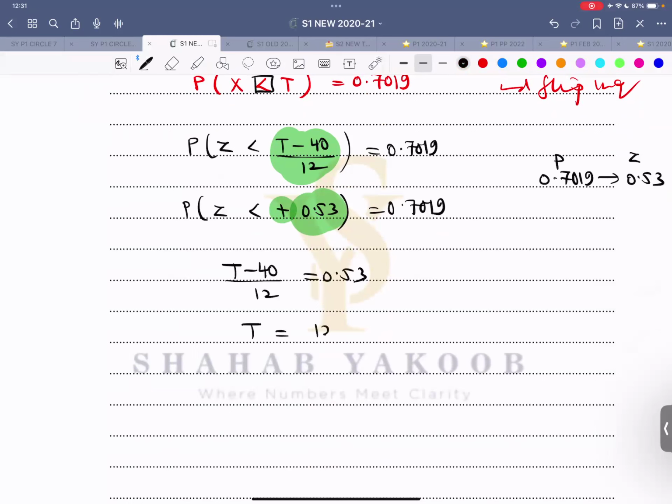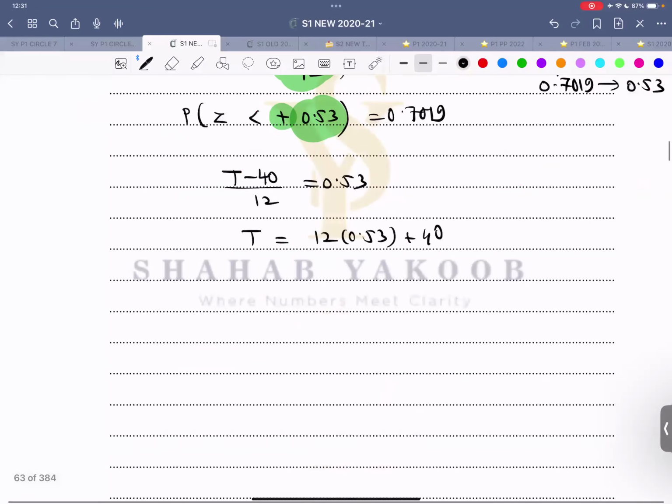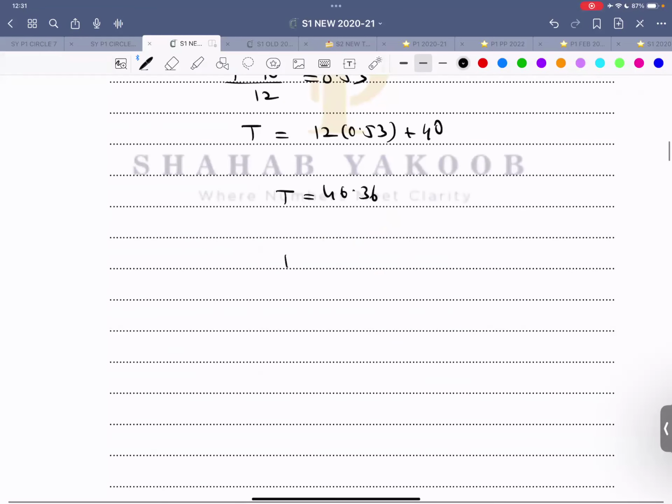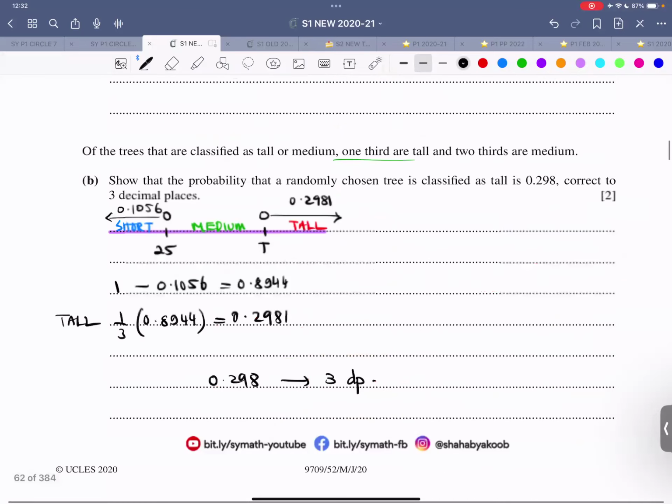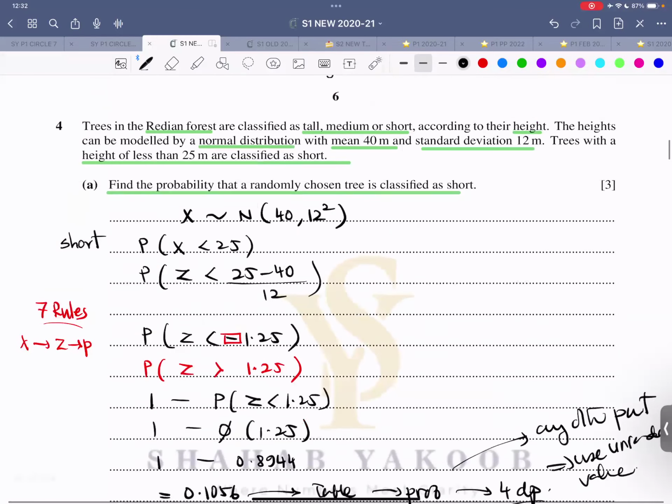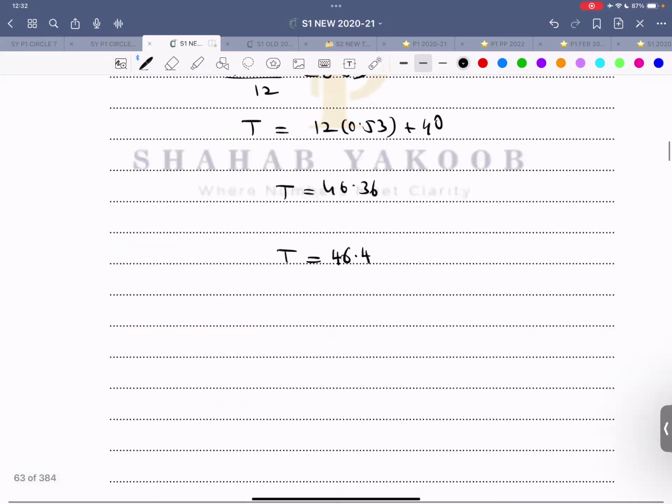Therefore, T is 12 times 0.53 plus 40, and this comes out to be 46.36. Again, round off to 3 SF, that is 46.4. Any units? Yeah, meters. So that is 46.4 meters, correct to 3 significant figures.